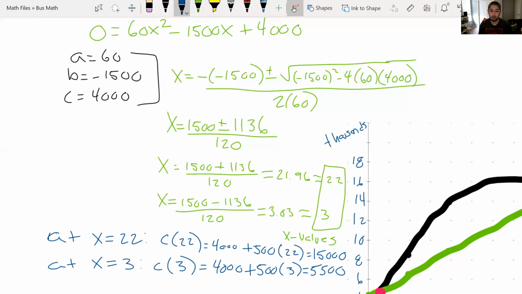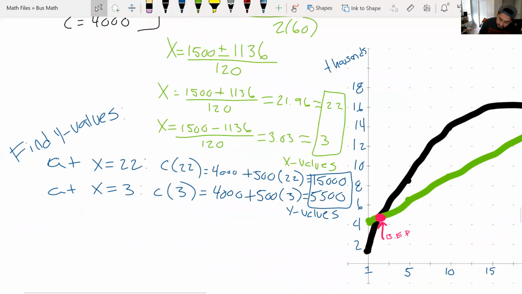The y values. So put that up here. Okay. So these are all considered your y values. Your y values of the break-even points.